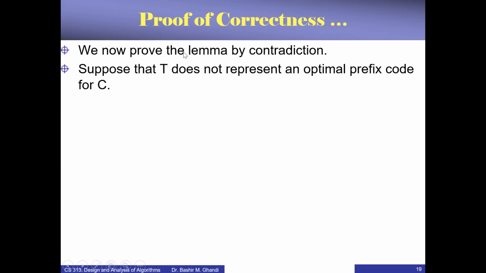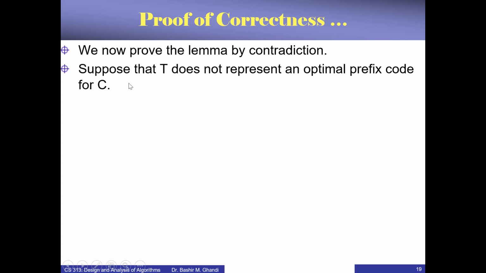So we want to prove it by contradiction. So suppose that t does not represent an optimal prefix. Okay, we are trying to show that t is optimal. So we are now saying suppose it is not. And if this leads to a contradiction, it means that actually t is optimal.